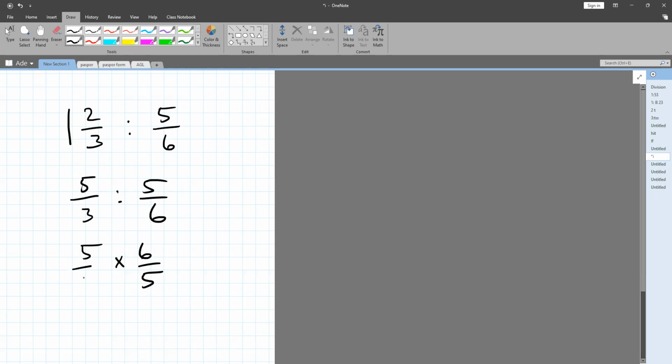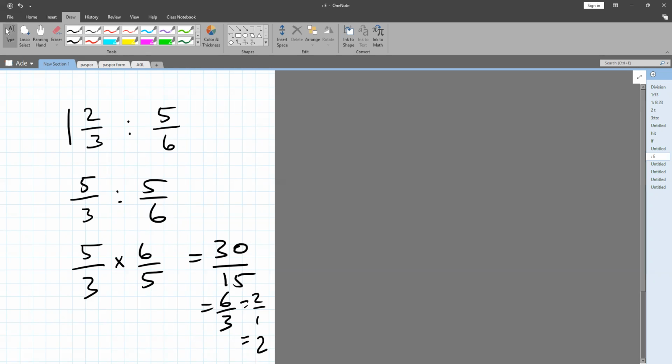So basically now you multiply, 30 on 15. And then we can simplify that to be 6 on 3, and then we can simplify that further to be 2 on 1. So what is 2 on 1? That's equal to 2.